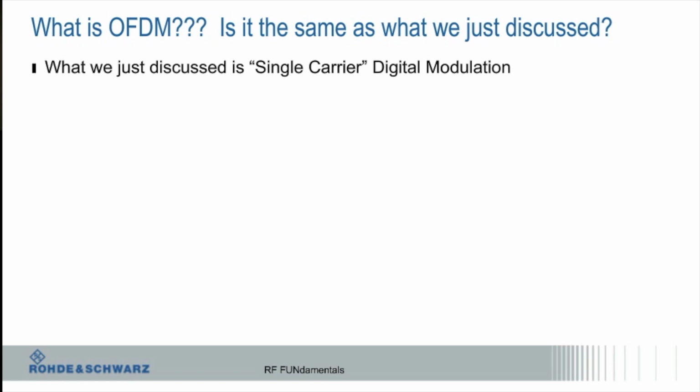Okay. So that was all single carrier modulation, which basically means not OFDM. What OFDM is doing is basically saying, instead of one carrier, and we talked a lot about carriers, I'm going to take that signal and put it on a whole bunch of different carriers together. And I'll explain why we do that in a sec.